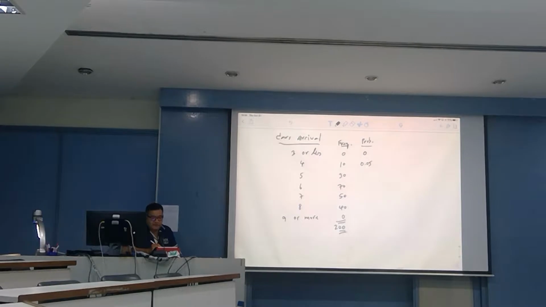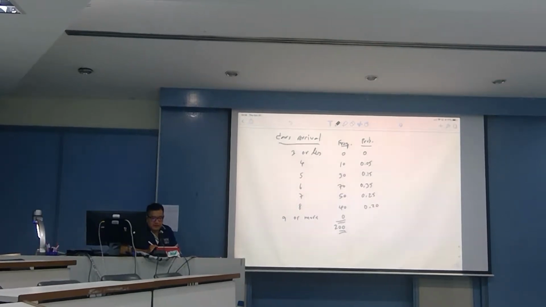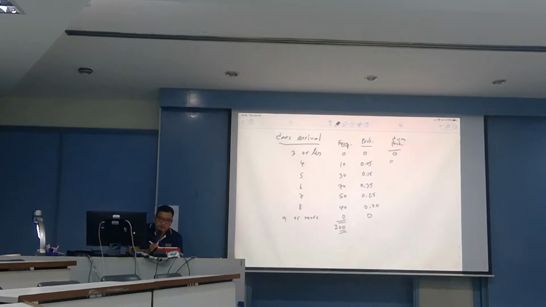Then we have 0.05, 0.15, 0.35, 0.25, 0.20, and this one 0. How about the cumulative probability distribution? We have 0, 0.05, 0.20, 0.55, 0.80, 1.